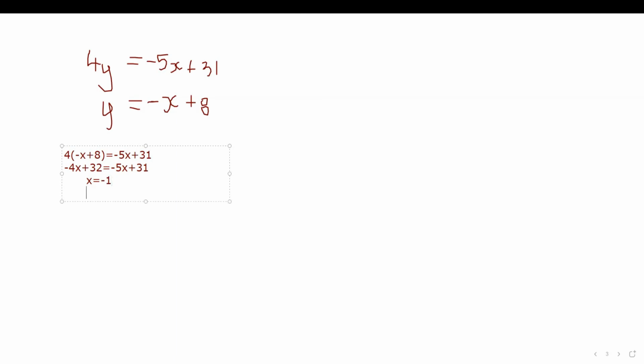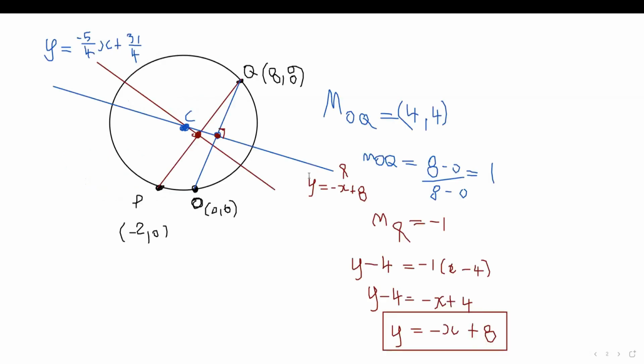Now we find y: y is minus of minus 1 plus 8, which works out to be 9. So the point of intersection is (-1, 9). Just to verify, 4 times 9 is 36, yes, that's right. So point C is (-1, 9).